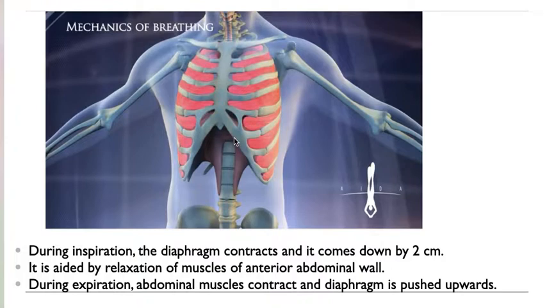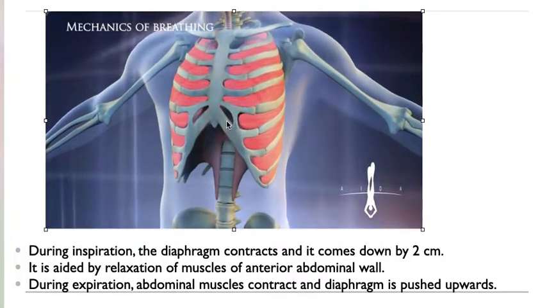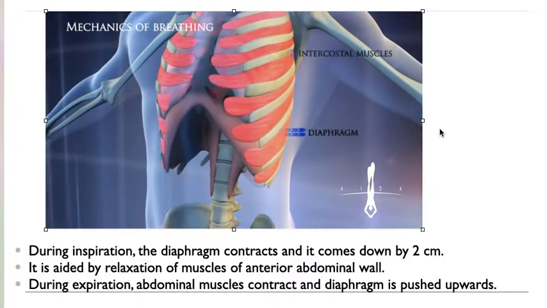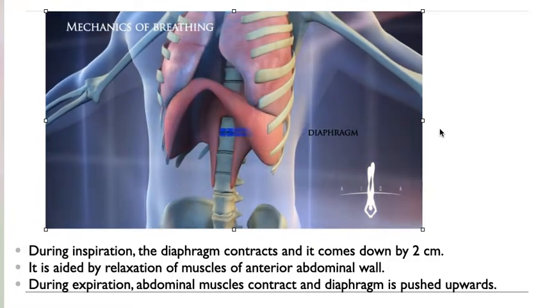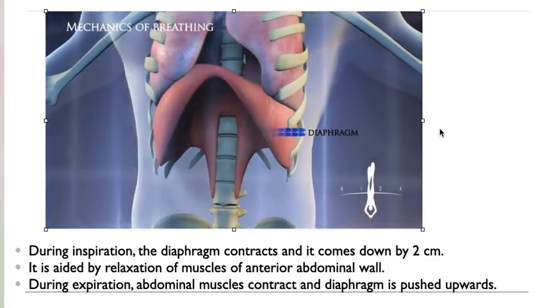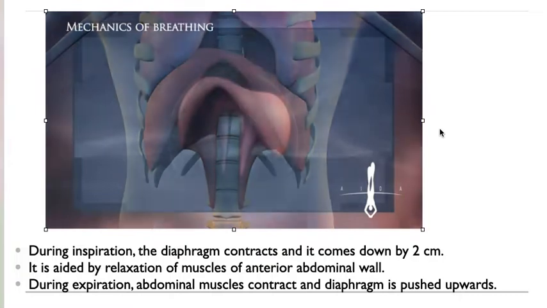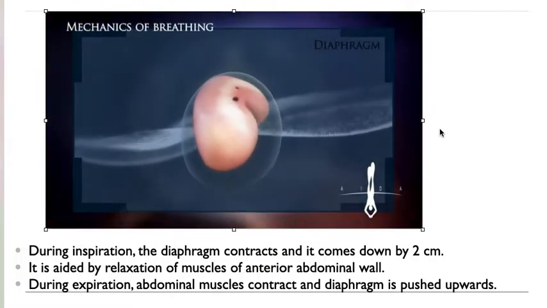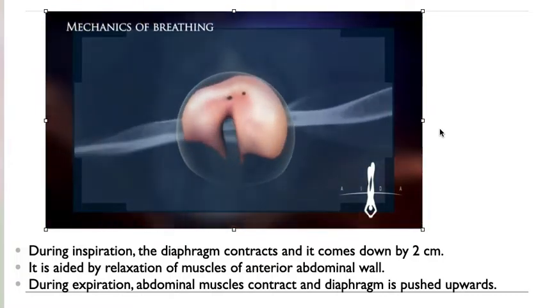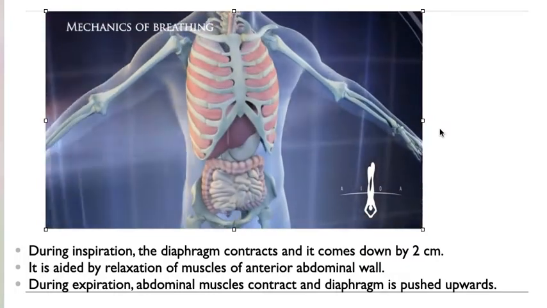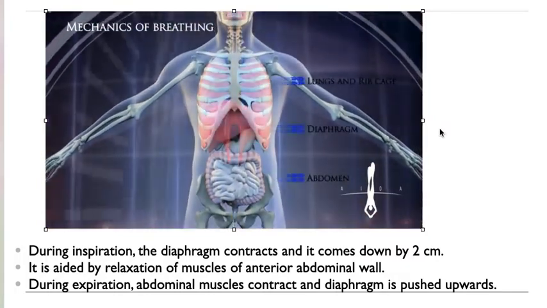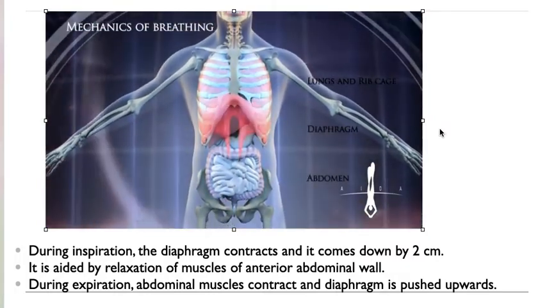So you can see over here the movement of the diaphragm, right? During inspiration, the diaphragm contracts and comes down by 2 centimeter. It is aided by relaxation of muscles of the anterior abdominal wall, and during expiration, the abdominal muscles contract and the diaphragm is pushed upwards.